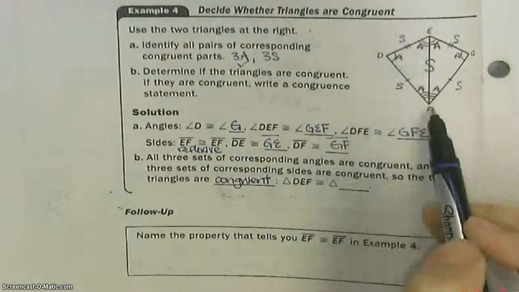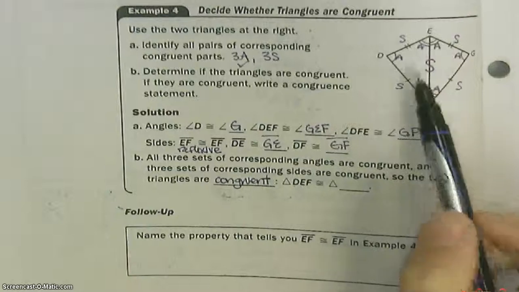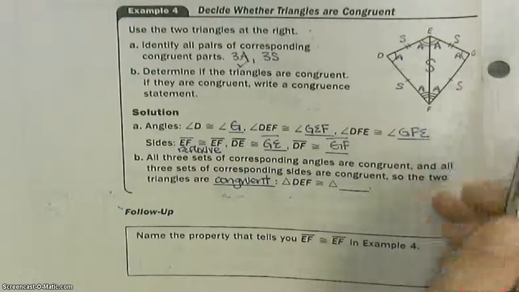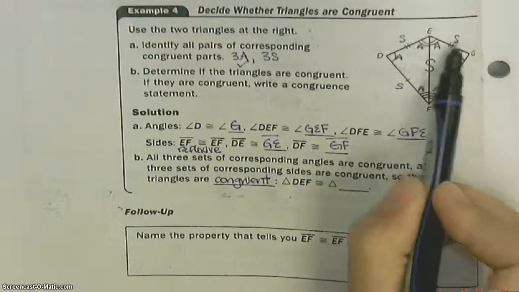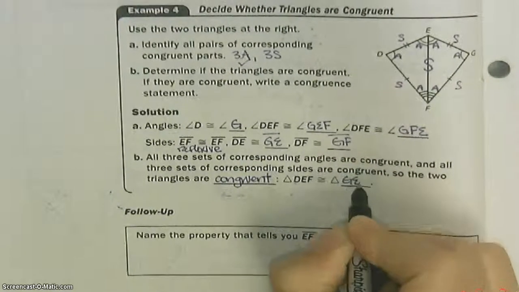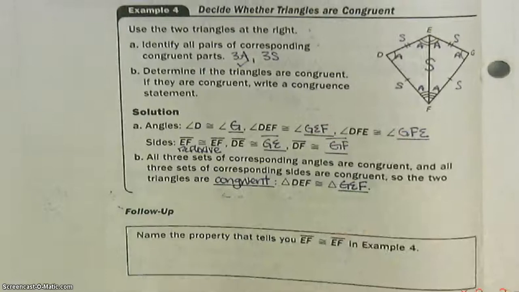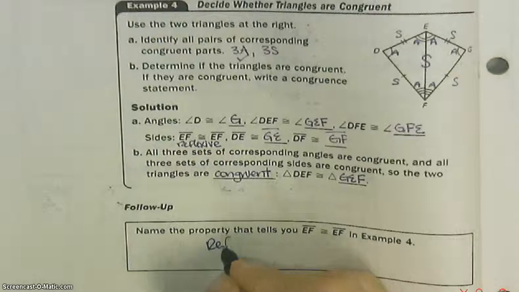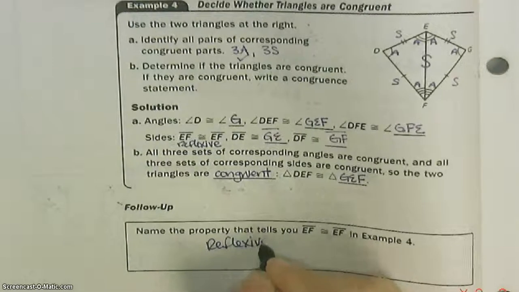D, E, F, and we have to do the same pattern on the other side. So if we went from D to E to F, over here we're going to go from G to E to F. Oh, here's the follow-up. Name the property that tells you EF is congruent to EF. That is the reflexive property.